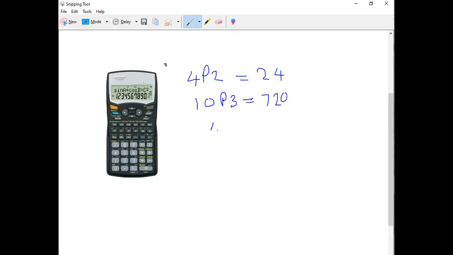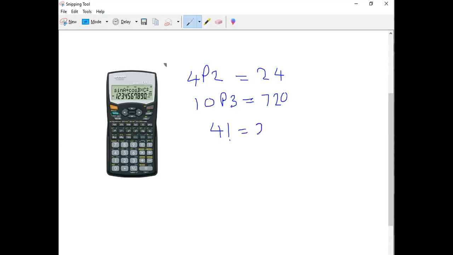Then the factorial for you is found on the button n factorial. So n factorial is on button number 4. So you press 4, shift, and 4 again. Then you do equals.